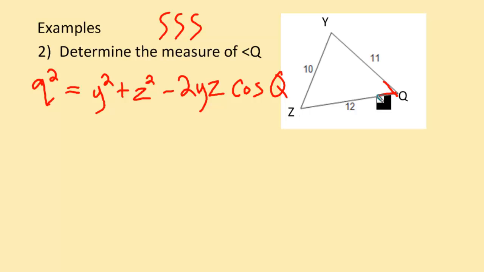So from here we start substituting in what we know. Q squared is 10 squared, which is 100. Y squared is 12 squared, which is 144. Z squared is 11 squared, which is 121. 2 times Y times Z is going to be 2 times 12 times 11.